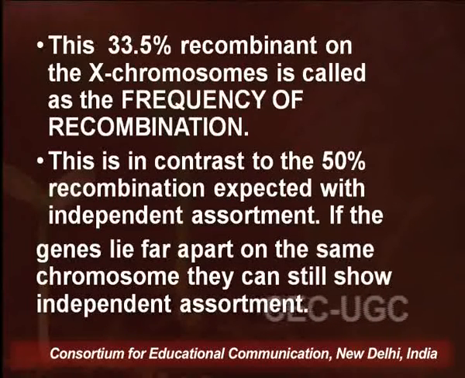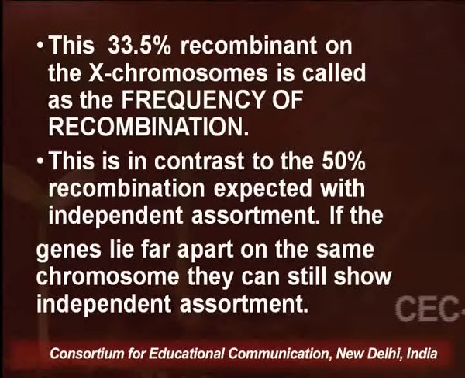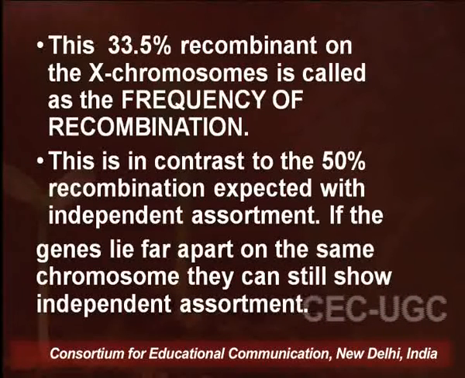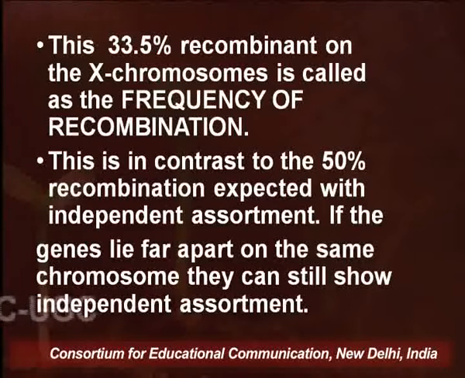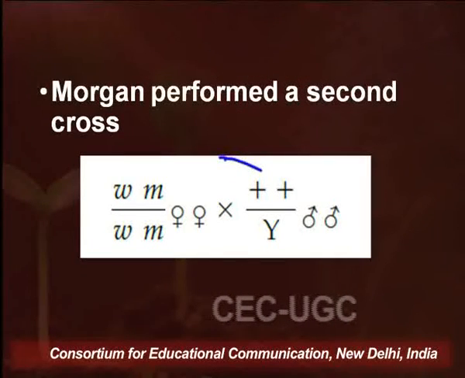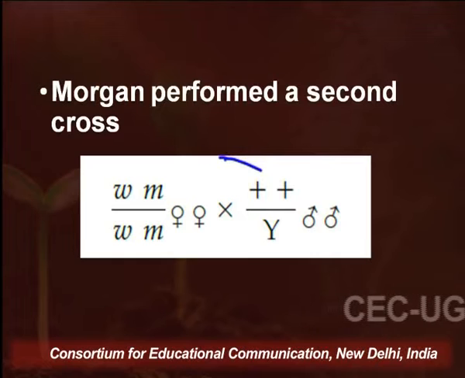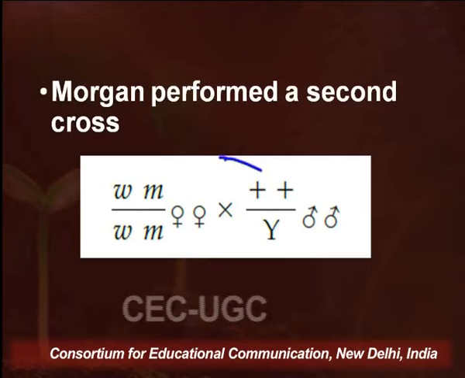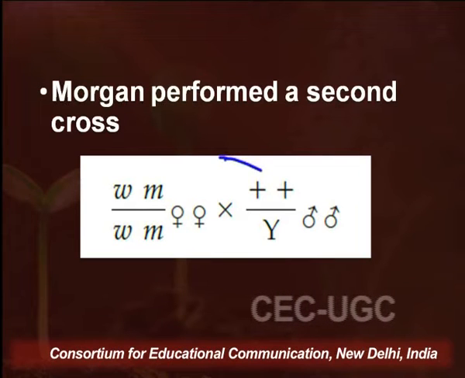This is definitely in contrast to the 50% recombination that we normally expect, although if the genes are very far apart on the same chromosome, again they will have a crossover in between and they will show independent assortment. Morgan was not very sure as to what the phenomenon would lead to, so he performed another cross to cross-check his ideas.